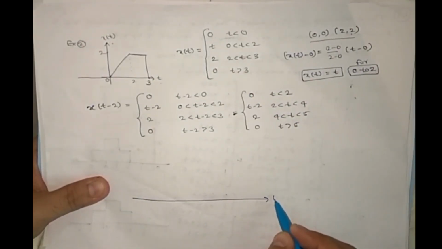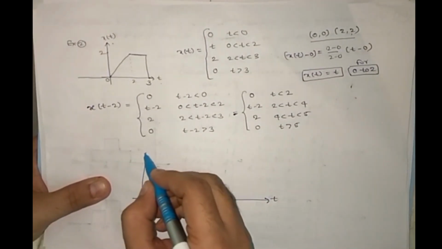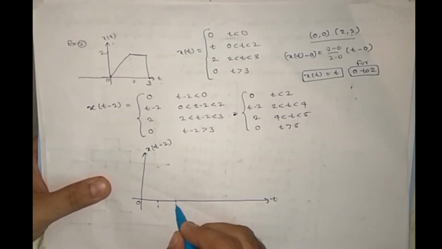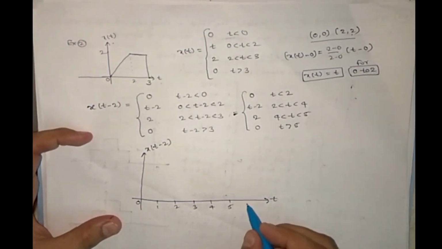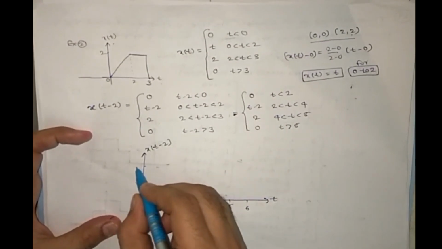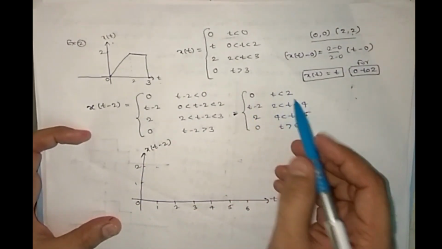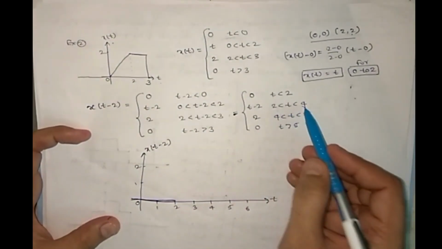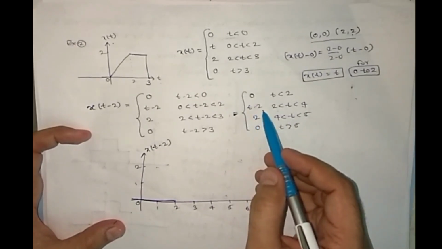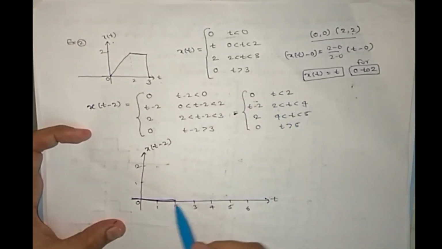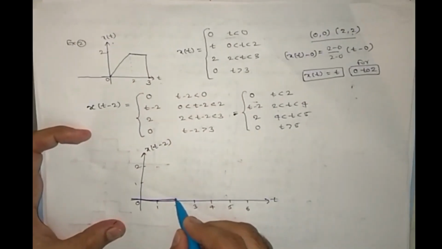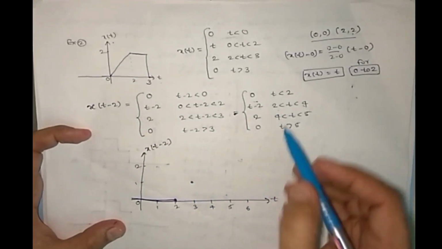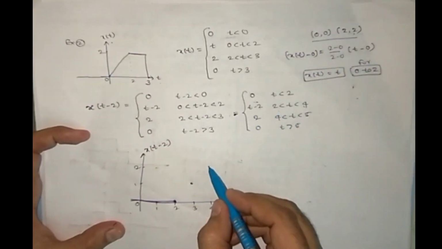Let us draw this one. For x of t minus 2, whenever t is less than 2, it is 0 only. From 2 to 4, t minus 2 is valid. At t equal to 2 it is 0, at 3 it becomes 1, and at 4 it becomes 2.